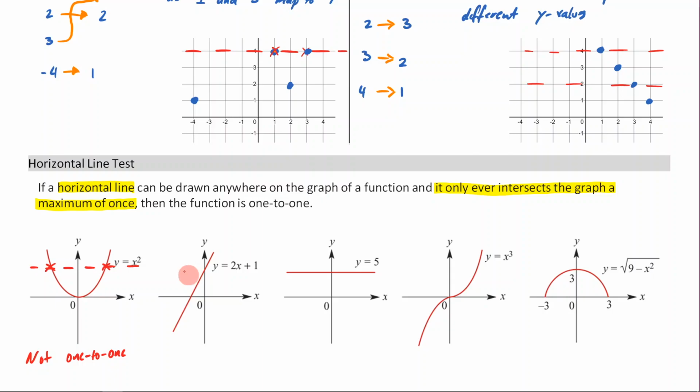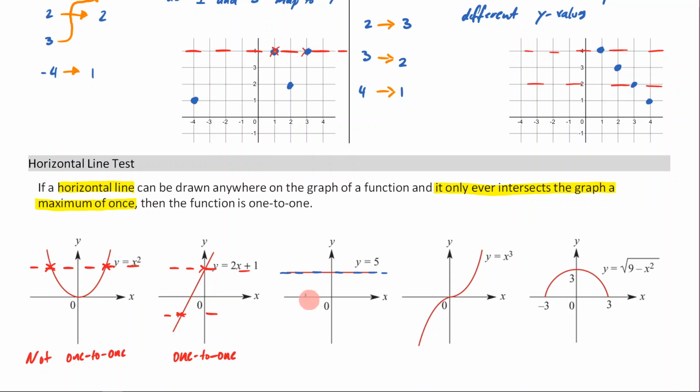We come to our next one here. I could draw a horizontal line anywhere through this thing, and I'm only ever going to hit it a maximum of once. So this is 1-to-1. What about this one right here? Now, this one I might actually need another color here. It's just a horizontal line, right? So if I was to draw a horizontal line through it, I'm going to touch it an infinite amount of times because it's saying literally every x value gives you a value of 5 out.